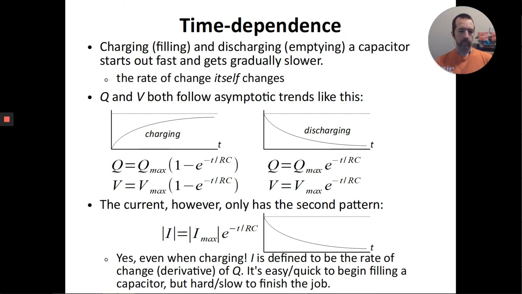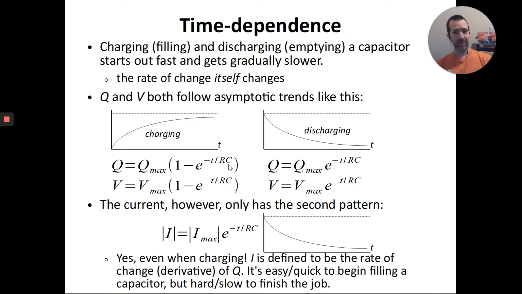So in those formulas, you can see there's a coefficient in front for all of them. And that coefficient is like a vertical scaling factor for the function. The horizontal scaling is handled by this RC that you see here. So it's negative T over RC. That's the resistance times the capacitance.